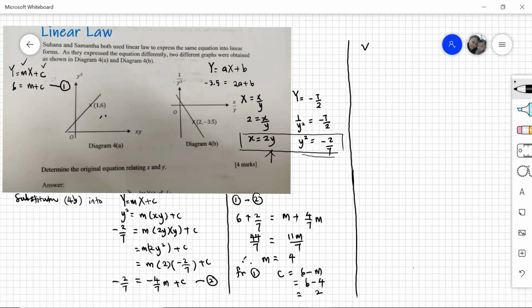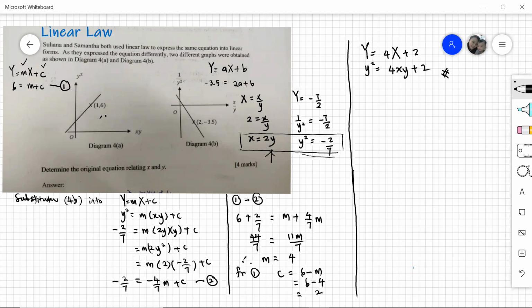So y equals 4x plus 2. What is my original small x and small y? Capital Y represents y squared, capital X represents xy. So this is the equation. You can just stop here.